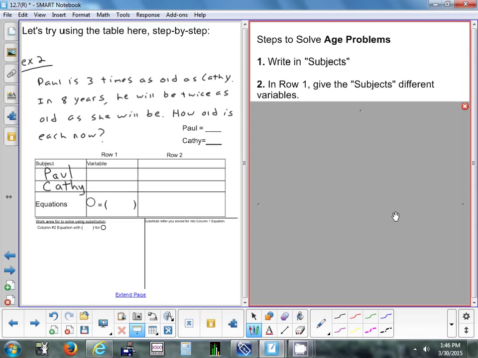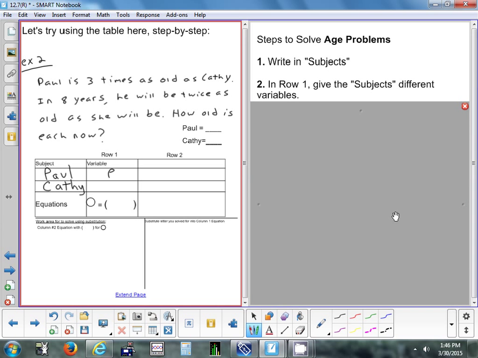For Paul, Joe, how do you want to represent Paul? P. I like that. So P for Paul. And then Kathy will be what, guys? C. We just did step 2. In row 1, we give the subjects different variables, which we did: P and C. All right, Justin, stay with me, buddy.